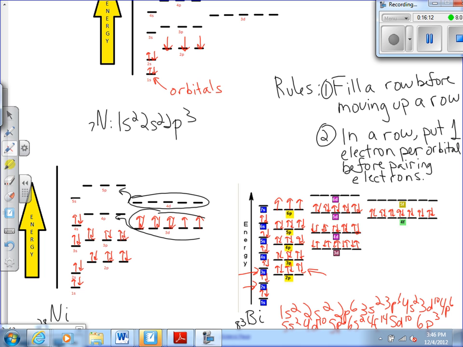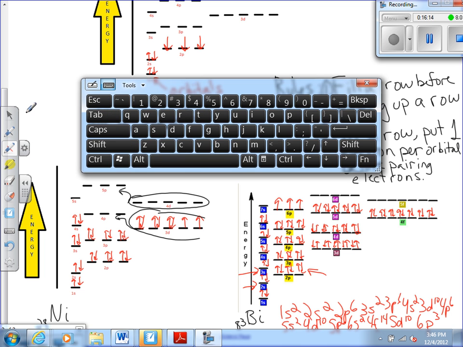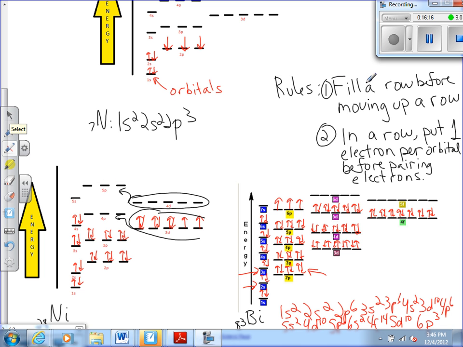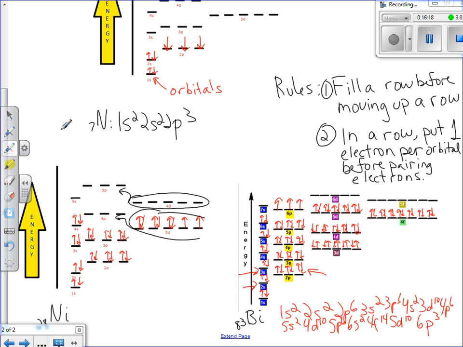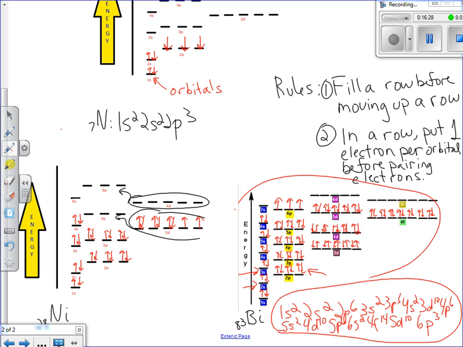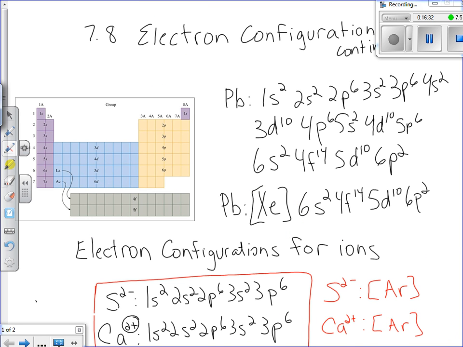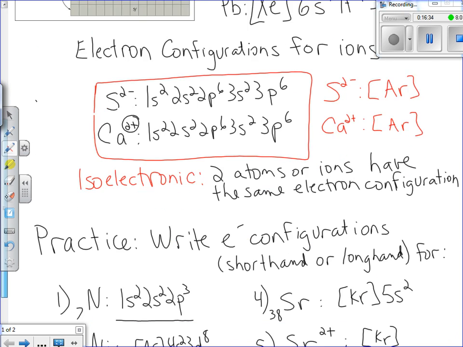Okay. If we look at the entire configuration here, we will see that this configuration right here, which is the configuration we get if we write out all of these electrons, is the same as the electron configuration for bismuth that we did earlier in lecture right here.